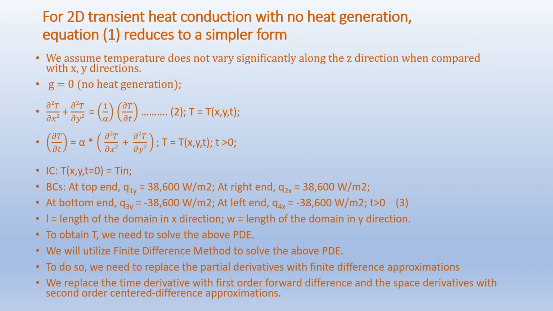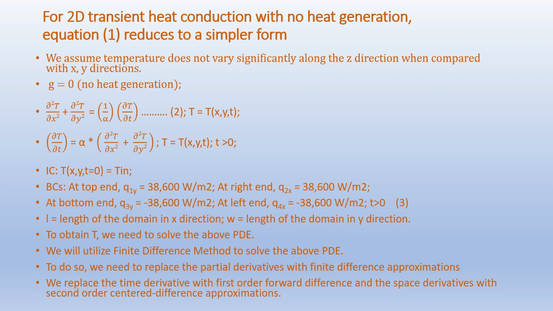For 2D transient heat conduction with no heat generation, equation 1 reduces to a simpler form. We assume that the temperature does not vary significantly along the z direction when compared with x and y directions. In other words, we assume that along the z direction, both sides of the plate are insulated.